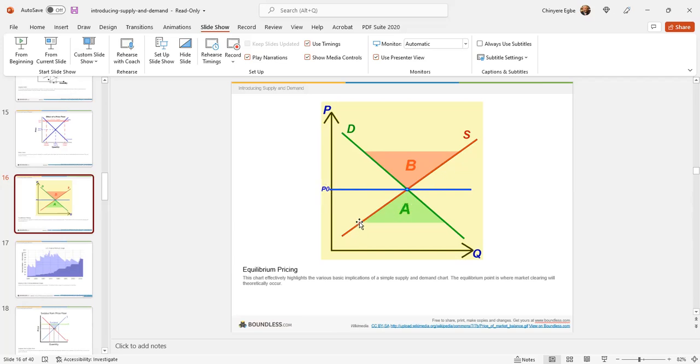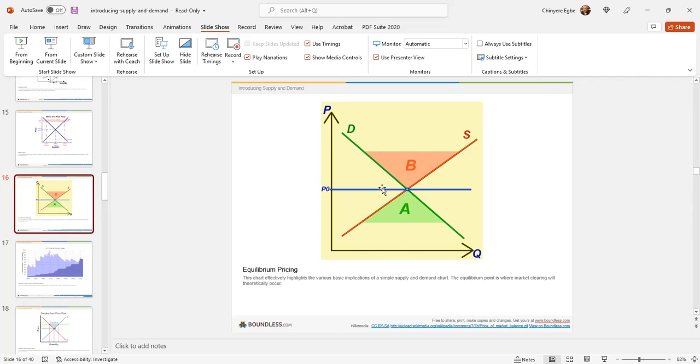And so if the price is too low, there will be a shortage, and then the market forces will be such that because there's a shortage, buyers will raise prices, and as buyers raise the prices they're willing to pay, sellers will sell more until again you have equilibrium.